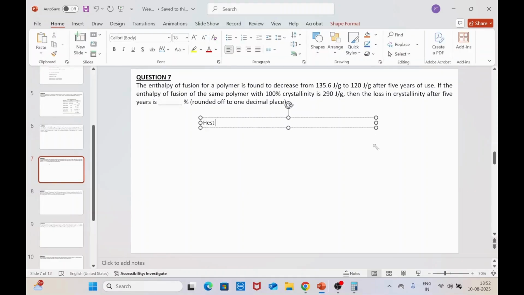Heat of... Now, with respect to this question, your delta HFC is what? What is the value? 135.6 or 290?